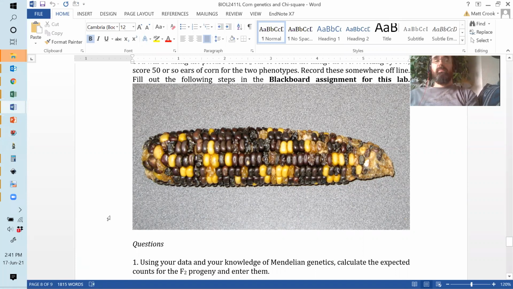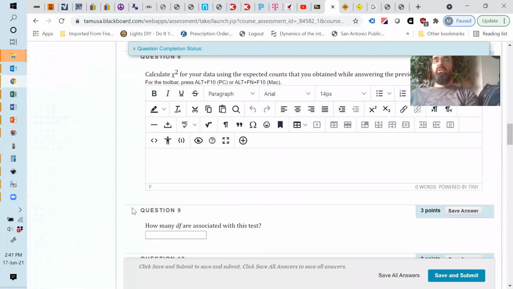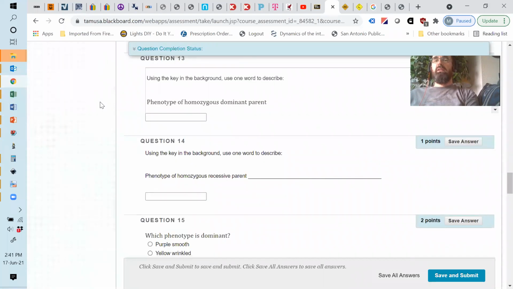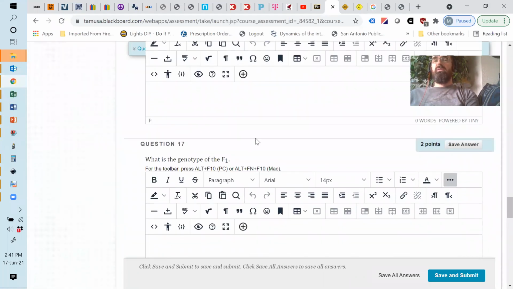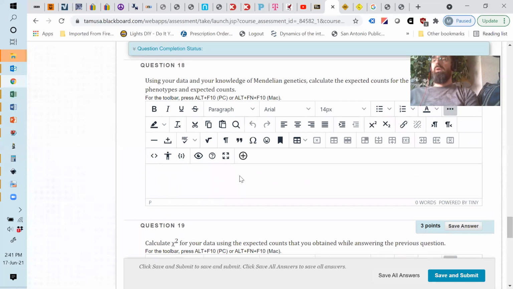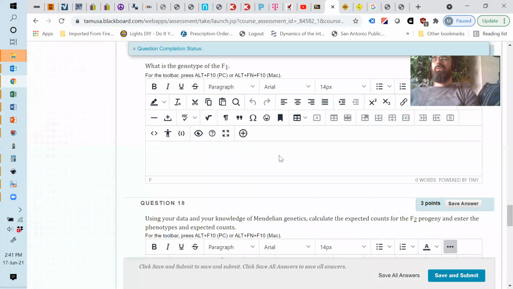That's pretty much it. So again, in Blackboard, you're going to have the same thing for the second cross. You need to do the same deal. You need to write down stuff, and please do just follow the questions. Most people lose points on this lab by writing the wrong thing down.